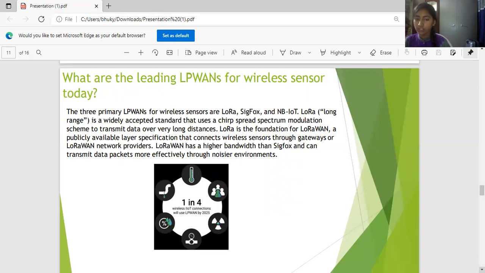LoRa is the foundation of LoRaWAN, a publicly available layer specification, and connects wireless sensors through gateways or LoRaWAN network providers. LoRaWAN has a higher bandwidth than Sigfox and can transmit data packets more effectively through noisier environments.